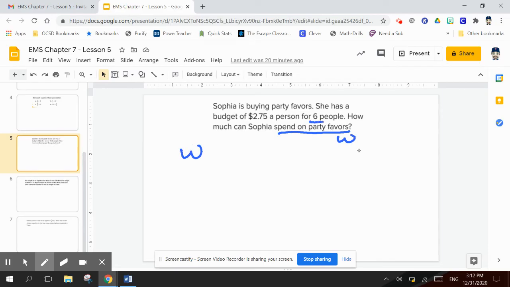We know she's going to have 6 people there, and it has to equal $2.75 a person. So again, I'm going to multiply each of these by 6 because that's my denominator.